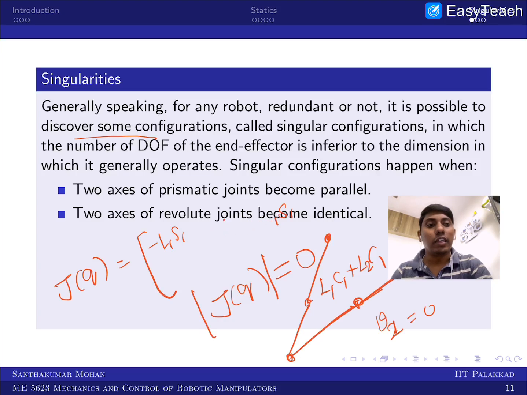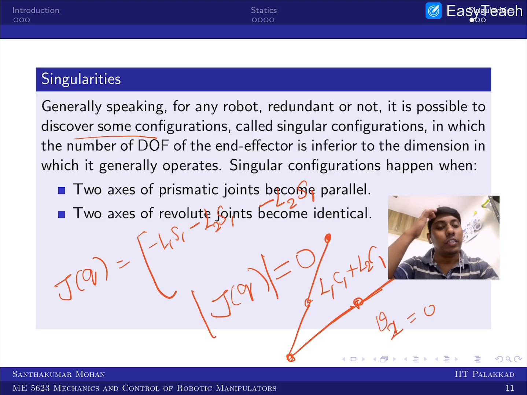Okay, I'll just write it the same way. So this is minus L2 S1, and the second term is also minus L2 S1. So you can see L1 and L2 are constants, so this row is purely dependent on only S1.